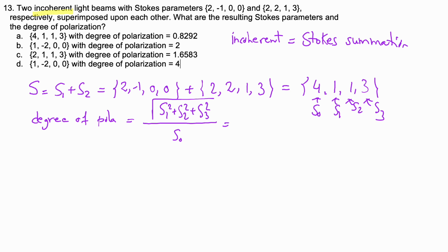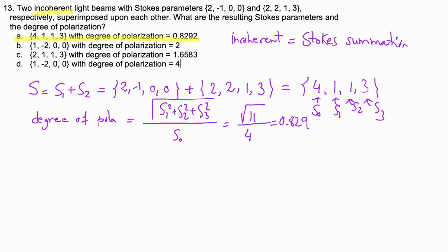So here what we're going to have is 4, and 1 plus 1 plus 9, so that's going to be 11, and it's 0.829. So obviously this is going to be our correct answer.